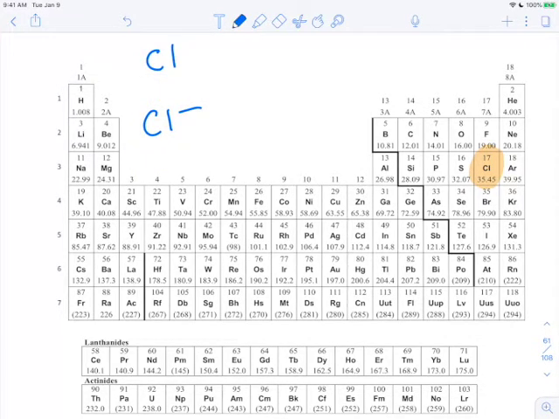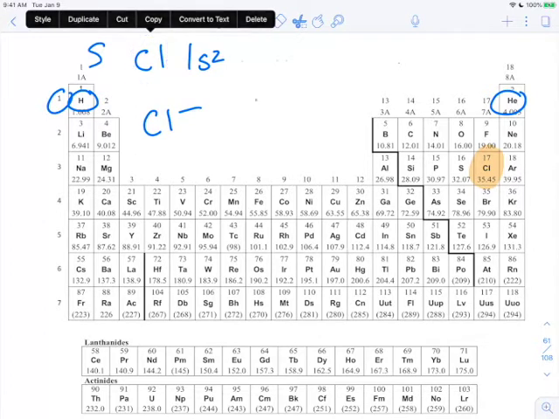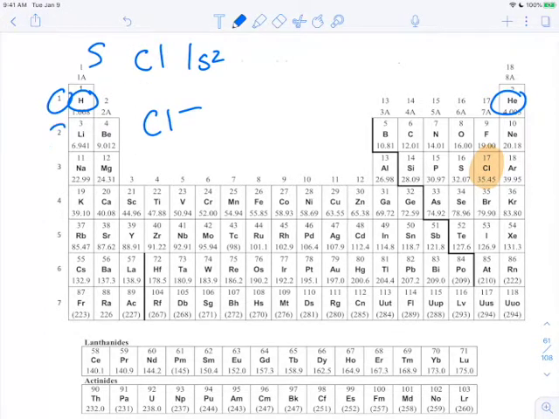So starting with the Cl, so here, first energy level, this is the S block, and we have two elements that belong to it. So that was the 1s2. All right, next second energy level, S block, two elements, so 2s2. Then second energy level, P block, 6 elements, 2p6.